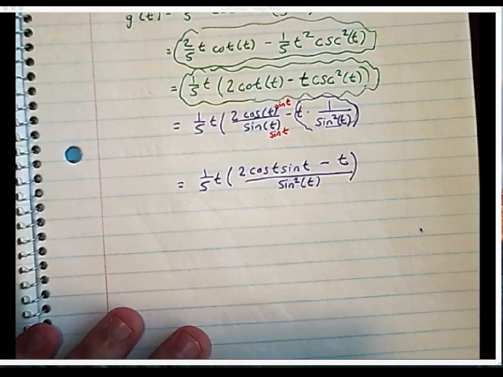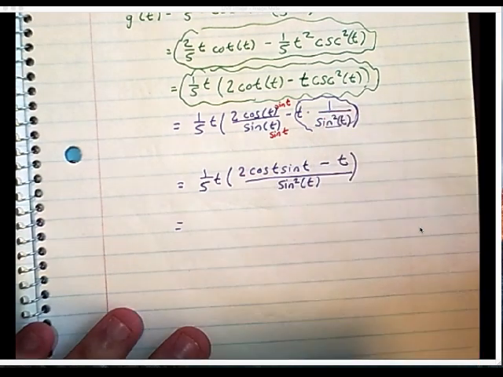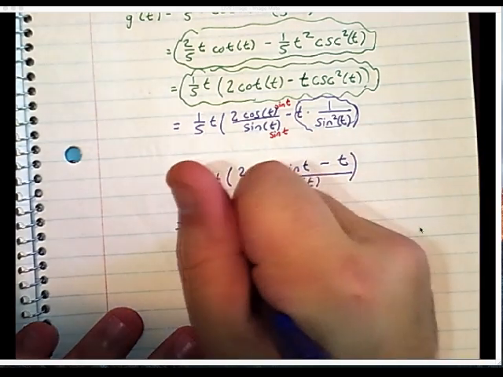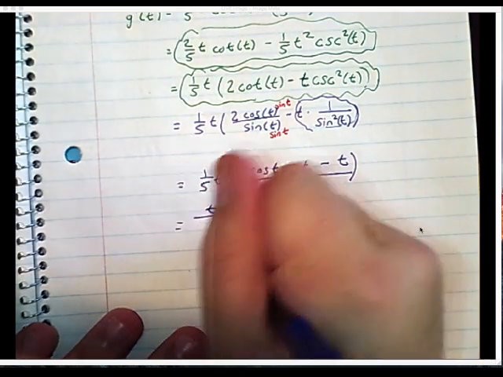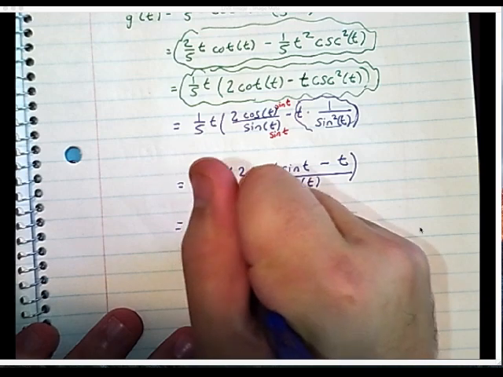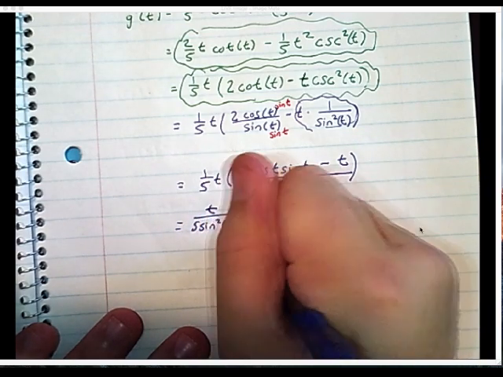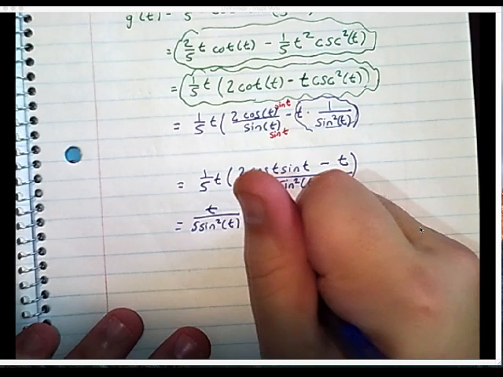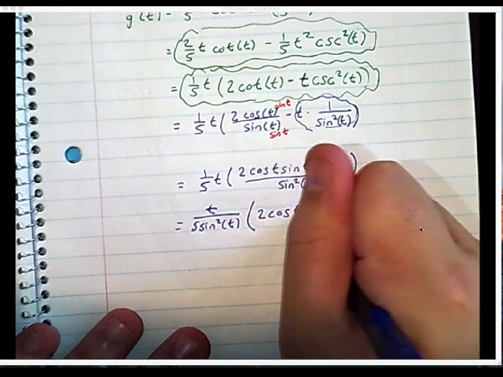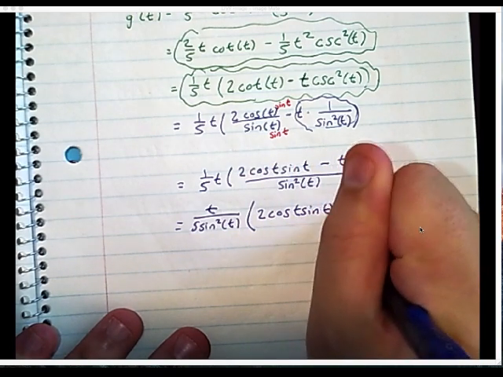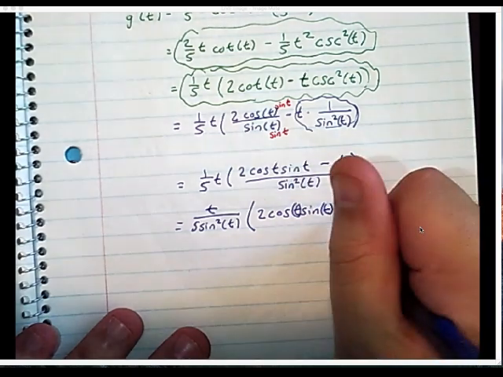You could do something like that. And then you could even pull the sine squared out because it applies to both terms. So you could have something like t over 5 sine squared of t times big parenthesis 2 cosine t sine t minus t.